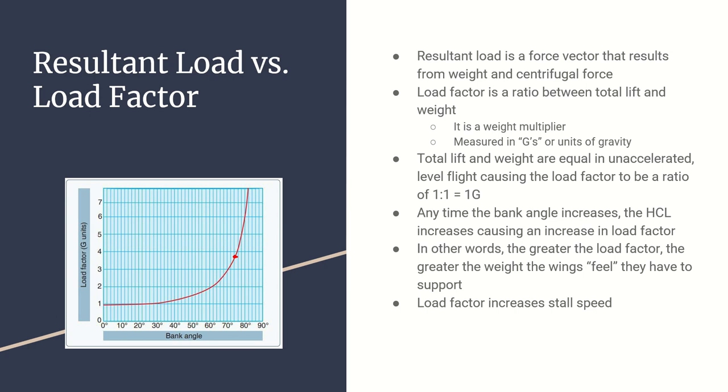And then if we weren't coordinated properly, that would also be disastrous because those are ingredients for a spin. But we always recover at that first indication. And what usually happens is that first indication happens to be that stall warning horn. And it usually happens somewhere in the low 70s. So low 70s is about 30 knots faster than our published stall speeds.